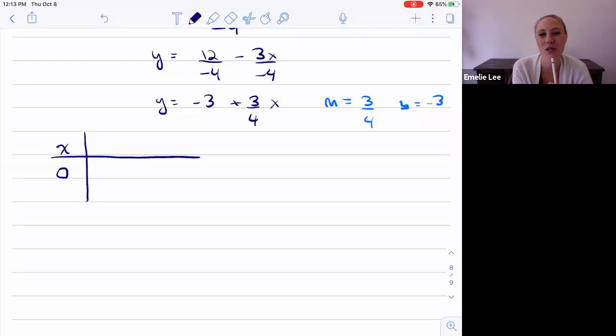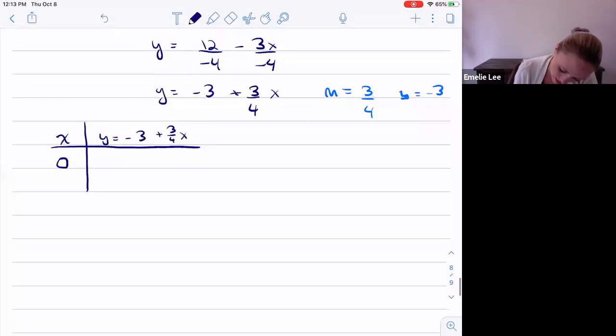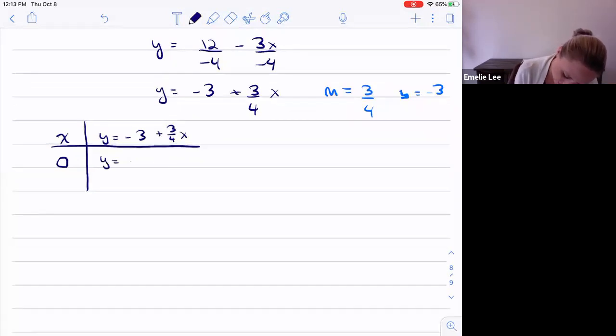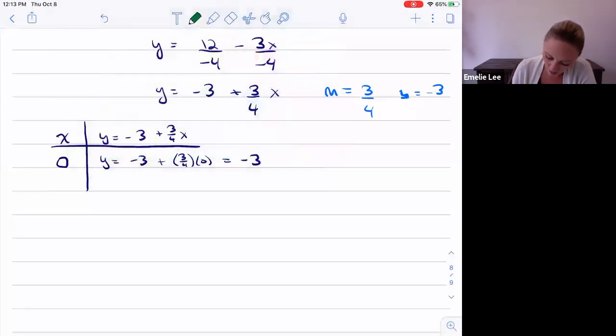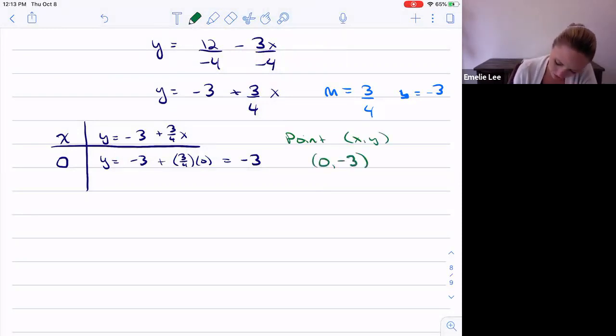There are situations where it's not that convenient, but usually it is. Y equals -3 plus 3 over 4x. So y equals -3 plus 3 over 4 times 0, which is just -3. So the point that we're plotting here, the point xy, is at 0, -3.